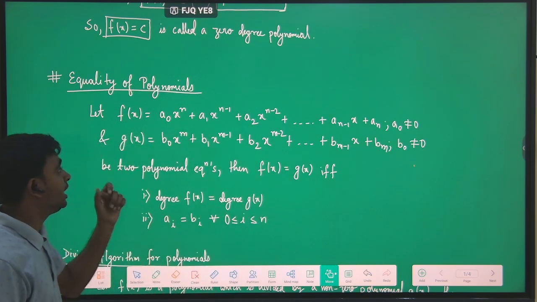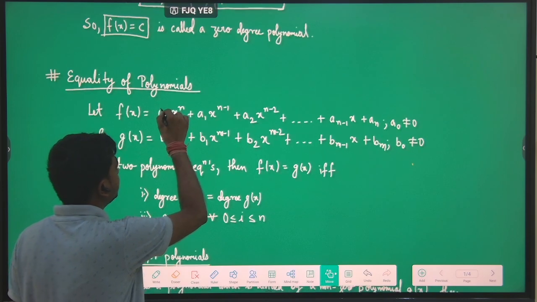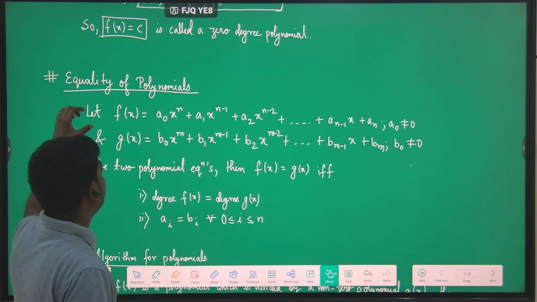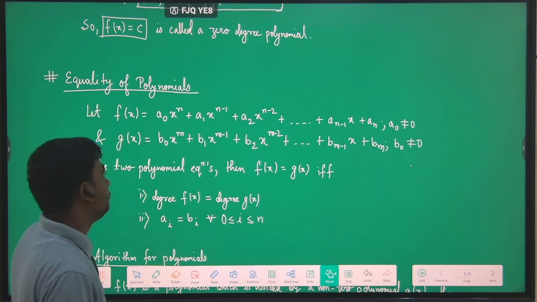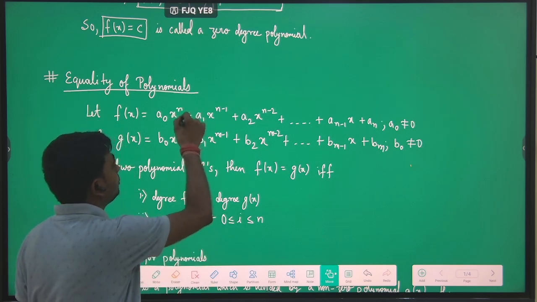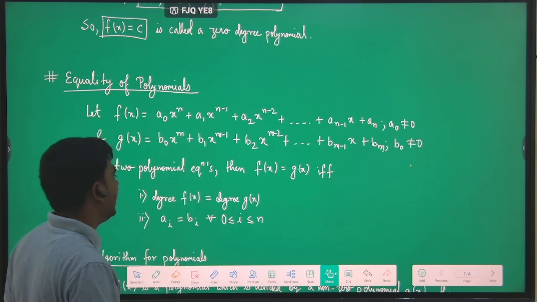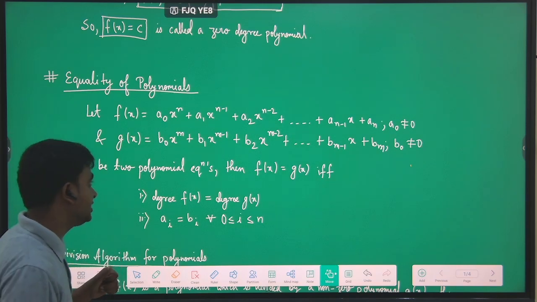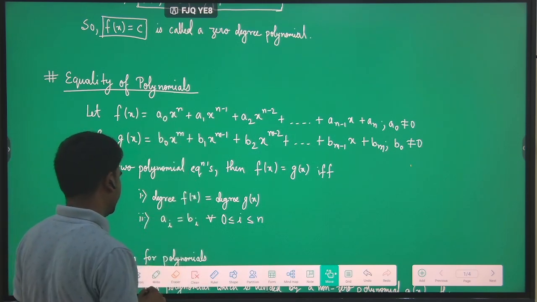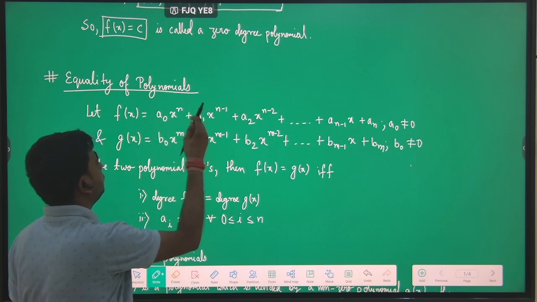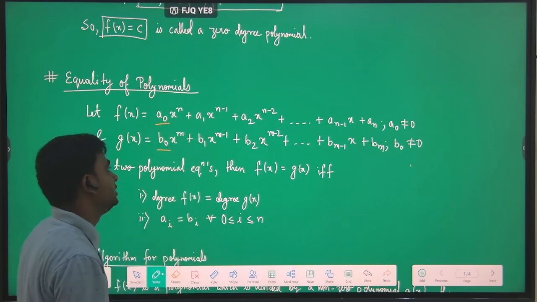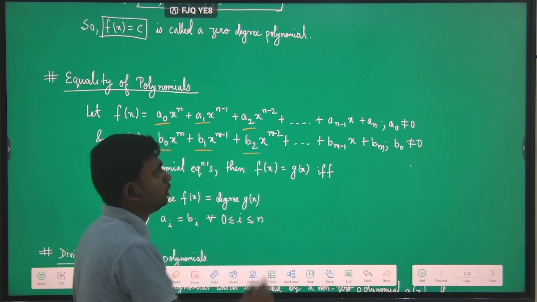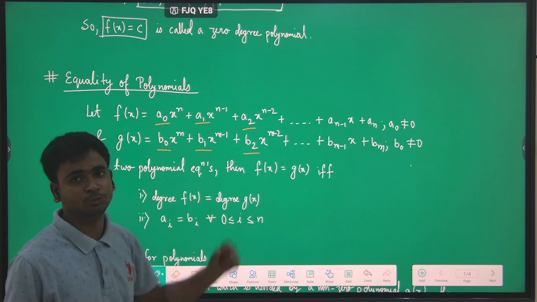And we have to make the coefficients equal too. So to make two polynomials equal, we have to make their degrees equal, that is n is equal to m. The next part is to equate the coefficients. This a naught will be equal to b naught, a1 will be equal to b1, a2 will be equal to b2, and similarly the next terms.